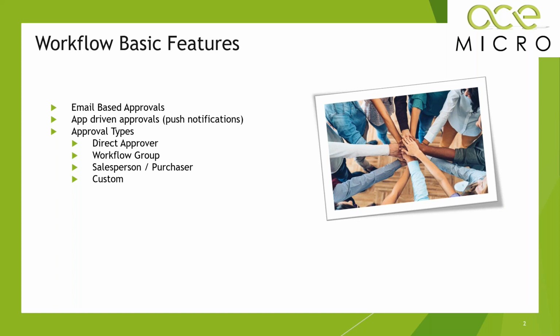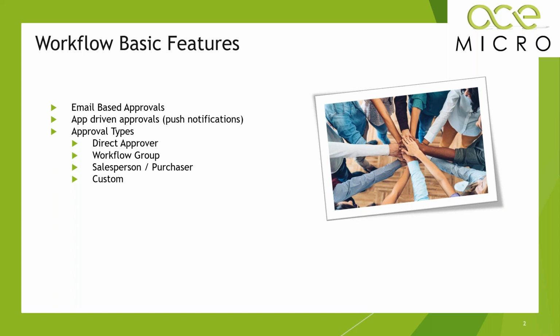So maybe Amy has 3 other employees that also have rights to approve for Greg. I could put all 4 of those people in what's called a workflow group, Amy and the 3 employees that are at her level in the approval chain, and I can just have Greg assigned to this workflow group in terms of approval. So anyone in that group can approve the workflow request.